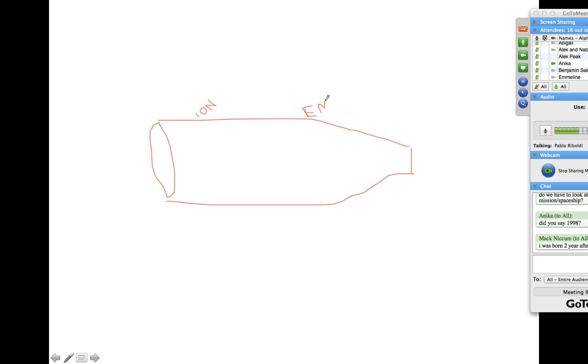It would go through some electromagnetic field, and because the ion is positively charged, if the electromagnet here is negatively charged, what would happen to the ion?